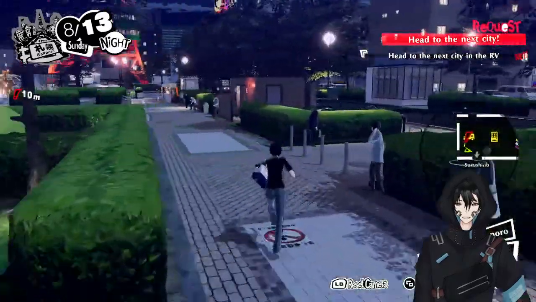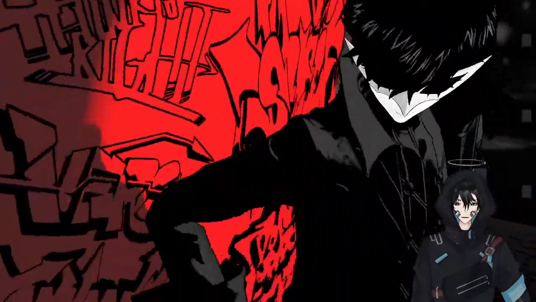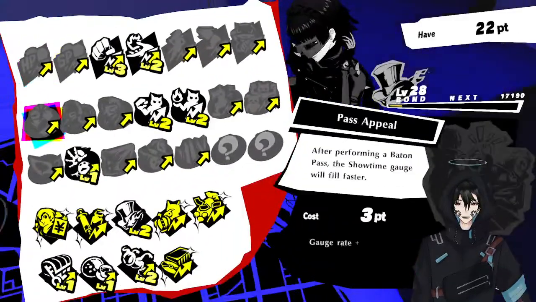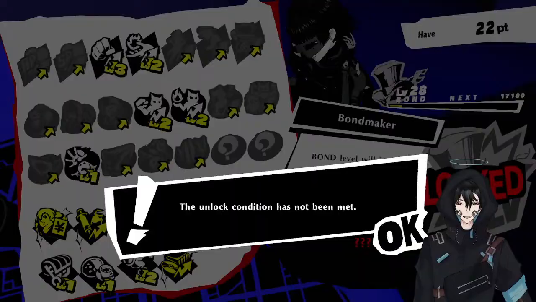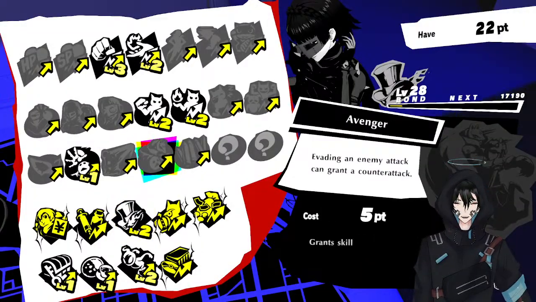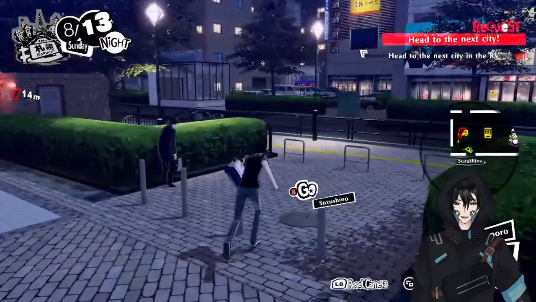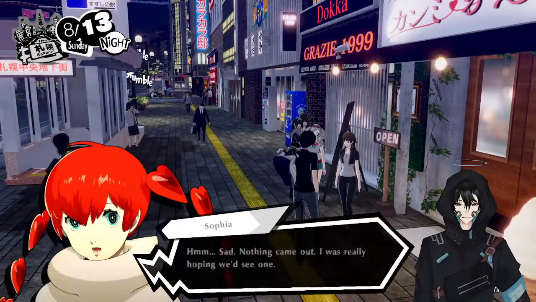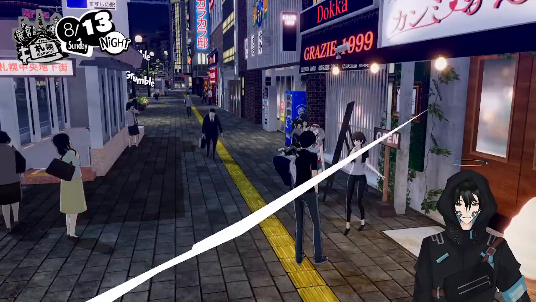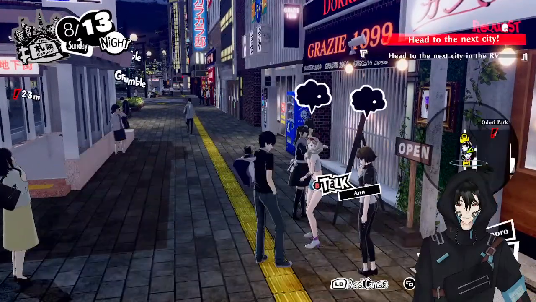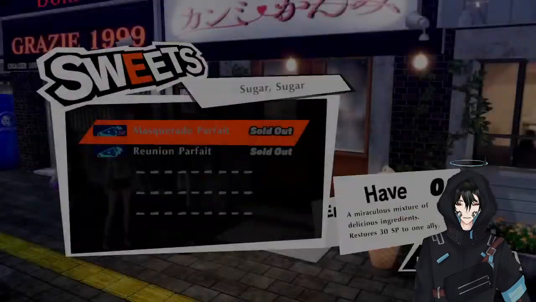Okay, let's leave nothing undone. Let's check the requests, apart from junk collection. Bond, we're not touching the map for now, because there's still a chance we could get Bond Maker. We should actually get the Avenger as soon as possible for level up, because that shit is too good. Let me buy some.